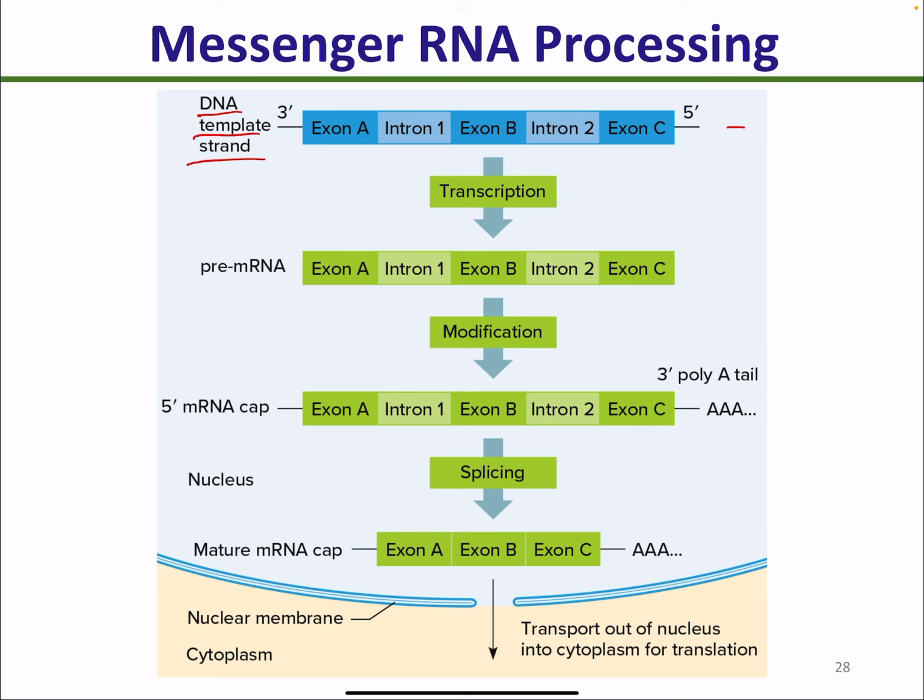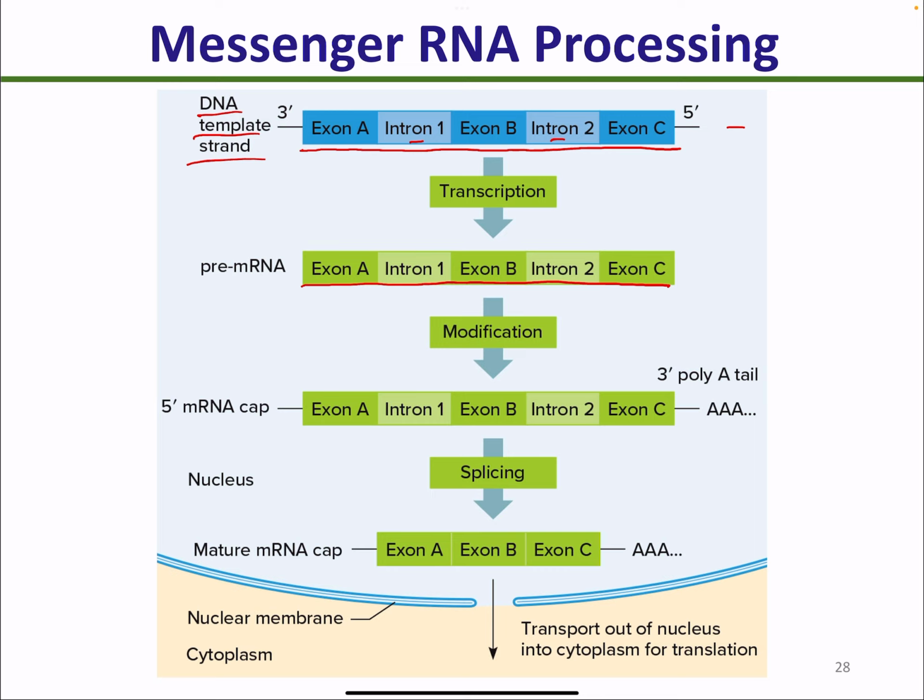We have our template, a sequence with 3 exons, exon A, B, and C. Between exons A, B, and C, you are going to have intron 1 and intron 2. The pre-messenger is going to have everything, all right? Exon A, intron 1, exon B, intron 2, exon C.